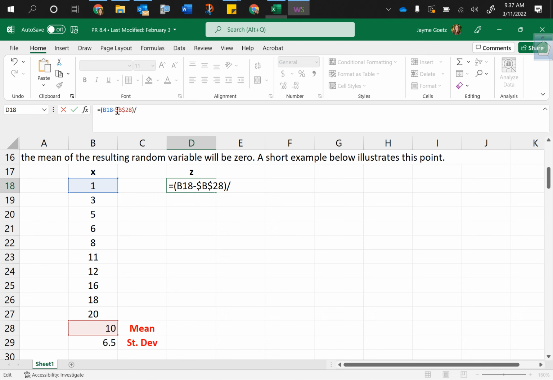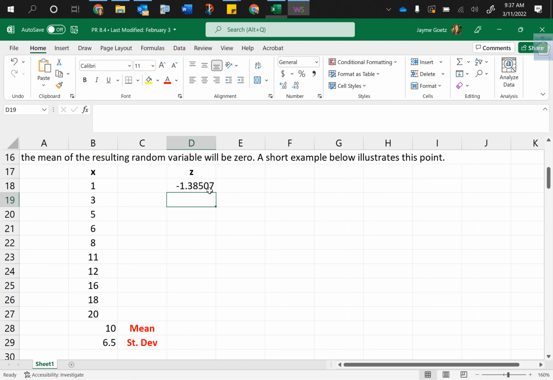And then we're going to divide it by the standard deviation. Do I want the standard deviation to change? No. So again, we need to do an absolute cell reference on that. So it should look like this. And then you're going to hit enter, and you should get negative 1.3. Let's just round it to the nearest tenth again.